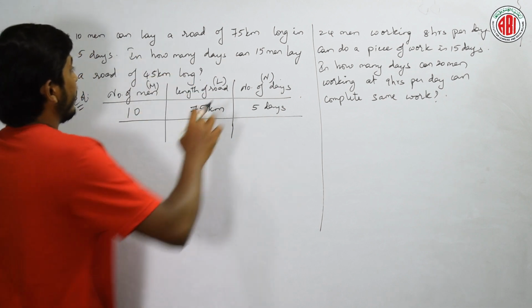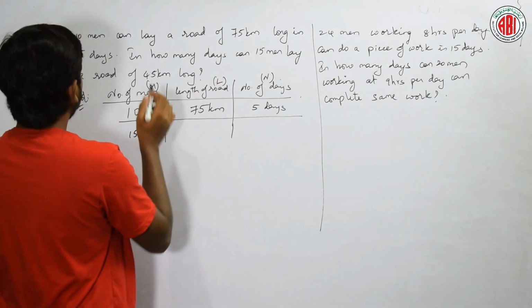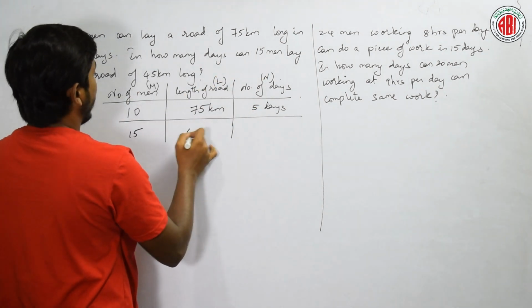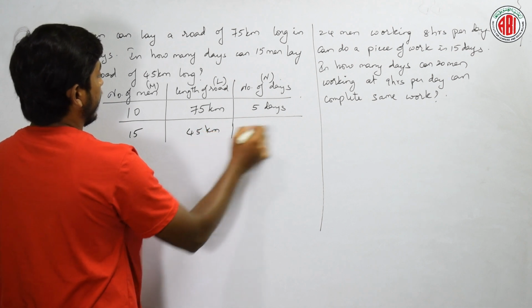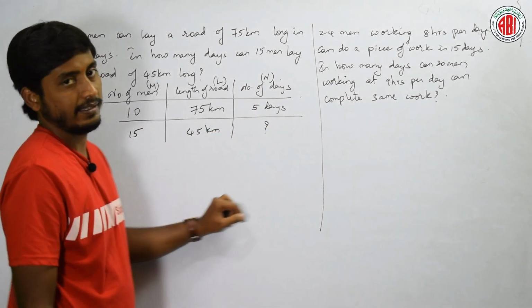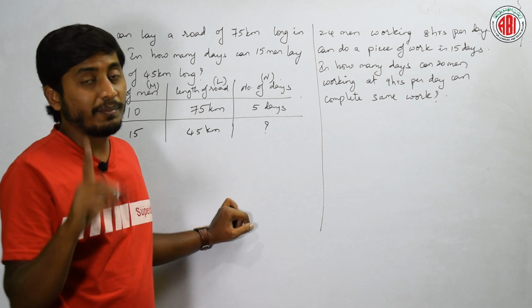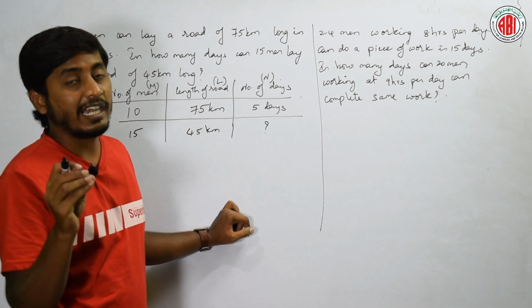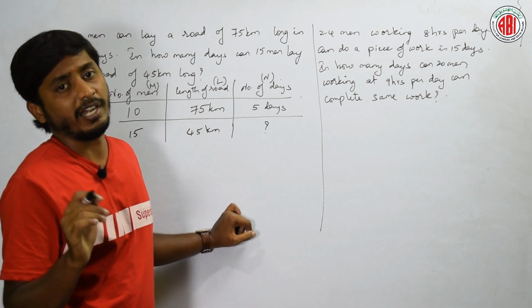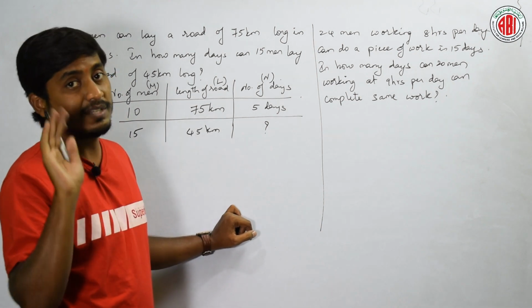In how many days will 15 men lay a road of 45 km? Okay, now remember from here, if it is directly proportional, take it into the denominator; if it is inversely proportional, just multiply.